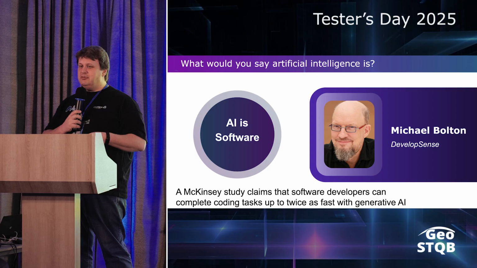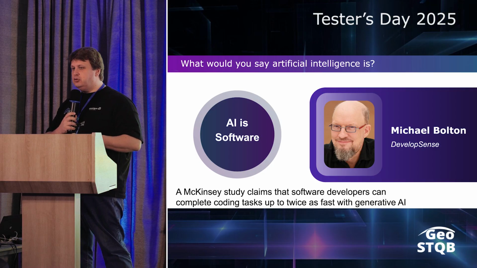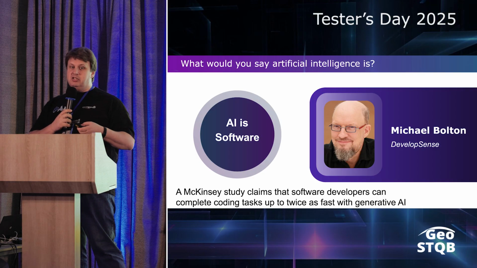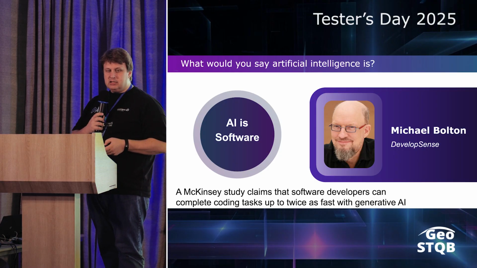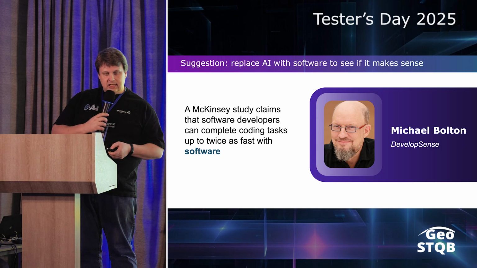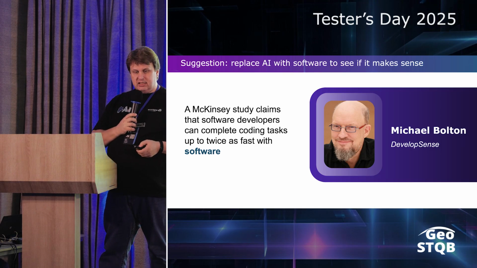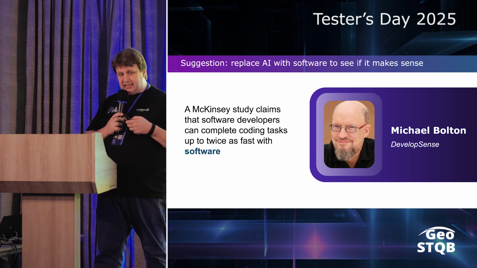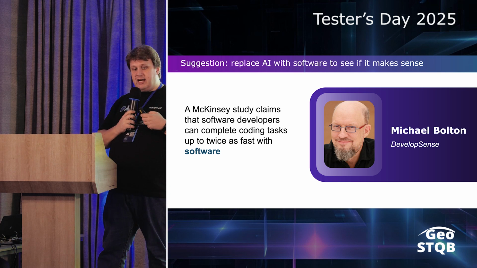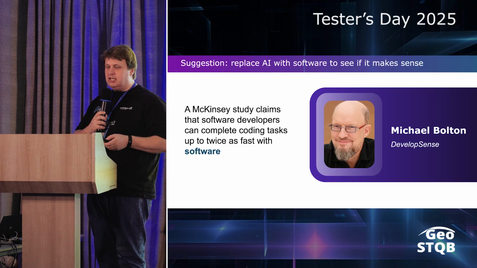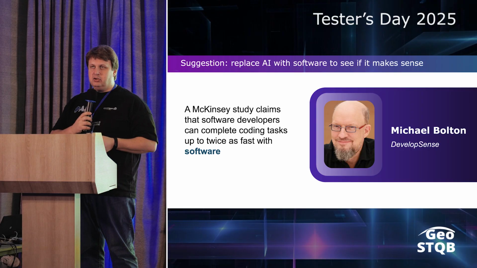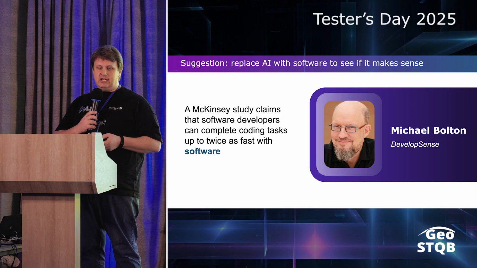If not, then probably you need to formulate it a bit differently. An example given by Michael Bolton: a McKinsey study claims that software developers can complete coding tasks up to twice as fast with software. So it's more or less okay. It's still possible to use AI and software here.